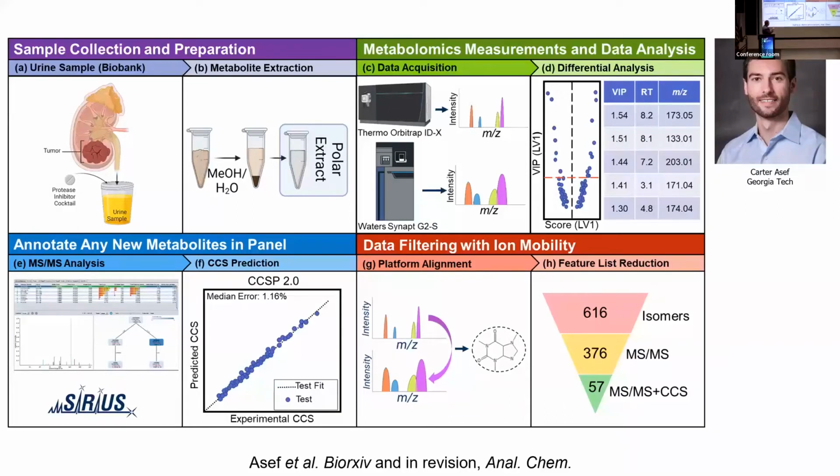I told you that we typically use Orbitrap mass spectrometers because they're very stable, but there are other types of mass spectrometers that provide complementary information. For example, you can do ion mobility experiments to obtain additional information about the molecules. And then you go through your differential analysis, you look at what molecules are changing, you use volcano plots and so on. And then there are all sorts of machine learning tools to understand the data.